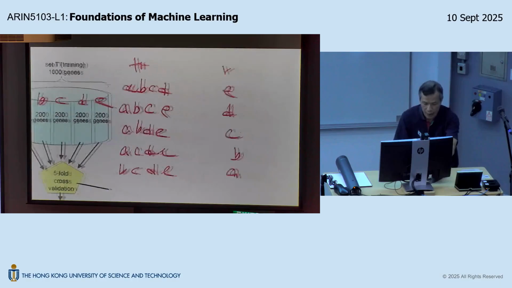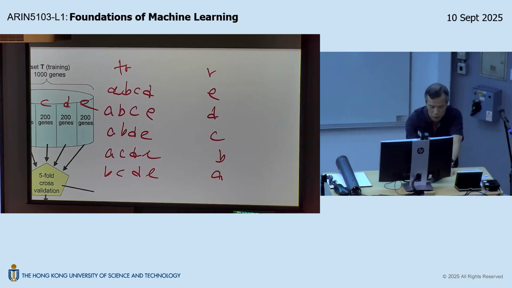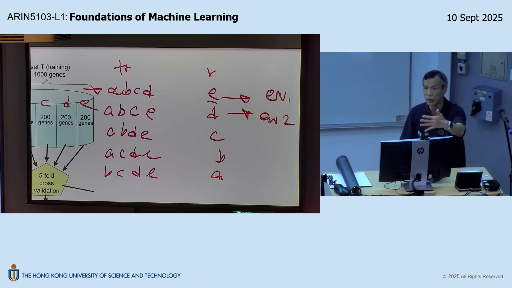When you train on this, you will get an error. Error 1. In the second round, you have another error measure because you are training a different model and doing evaluation on a different data subset, and so on. At the end, you will have 5 numbers.